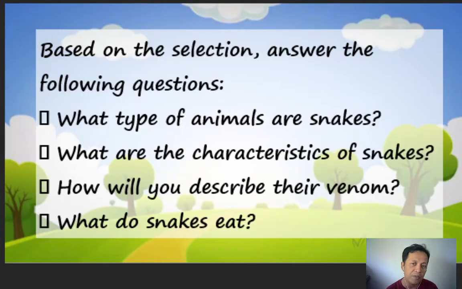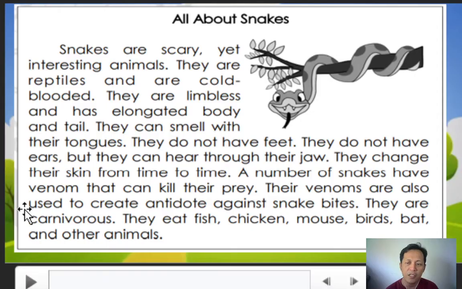And for the last question we have, what do snakes eat? Here it is said in this informational text that the snakes are carnivorous, which means they eat meat. They eat the meat of fish, snakes, chicken, mouse, birds, bat, and other animals.